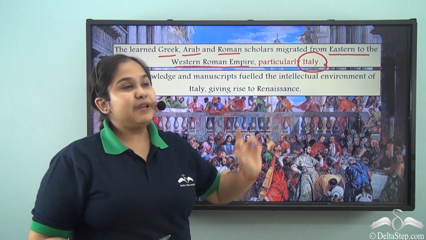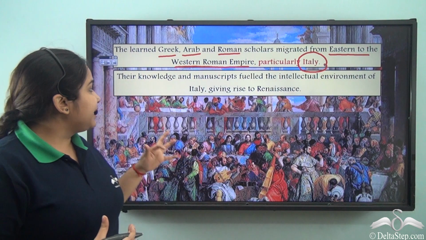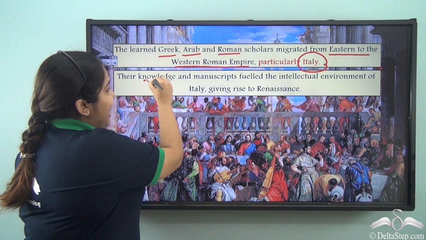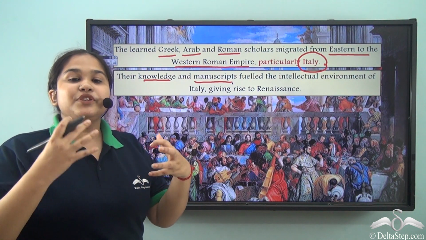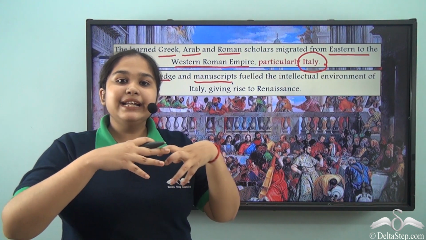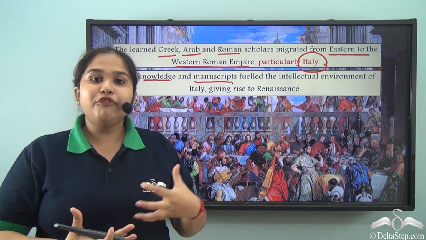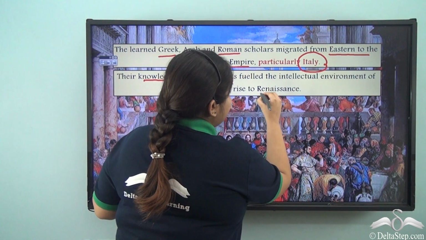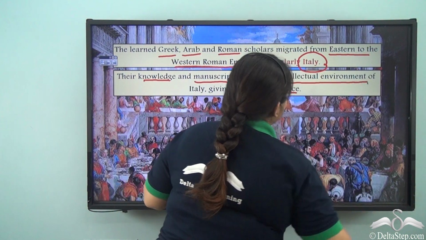When these people were coming in and settling in new places, they were bringing with them their knowledge as well as their manuscripts, their ideas. This gave rise to an intellectual flow, an environment of knowledge that ultimately was showcased in the age of Renaissance as well.